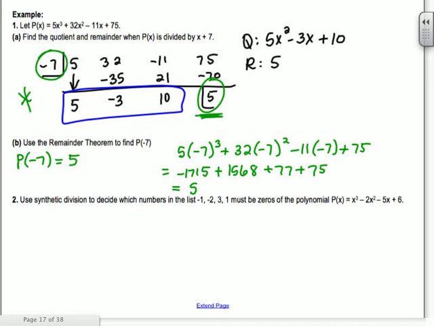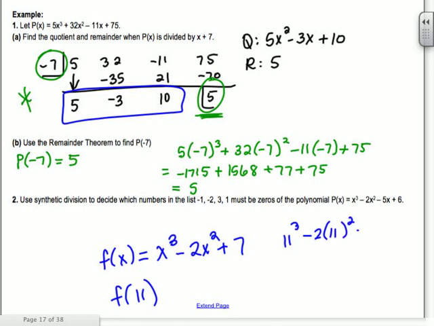Yeah, Melvin? Okay, so for any number you put for p, is it always going to come out as 5? No, so let's say I had x cubed minus 2x squared plus 7. If I wanted you to find f of 11, you could plug in 11 and you could get an answer, right?